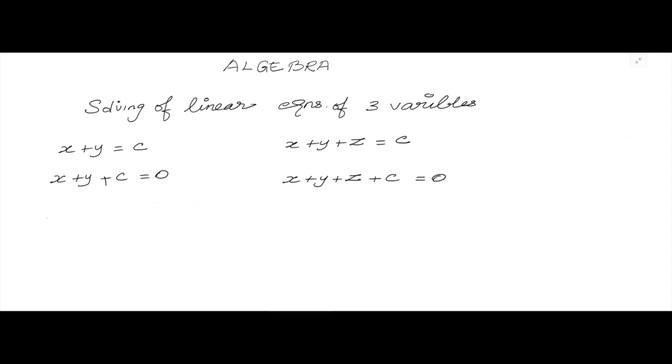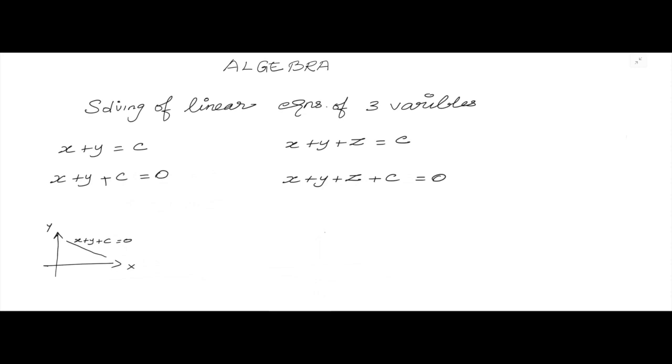And see here, the linear equation of two variables will be a straight line. Just think of your graph sheet, ma'am. It is x and this is y. Your linear equation will be a straight line, representing x plus y plus c is equal to 0. And coming to three variables, the linear equation will be representing a plane.